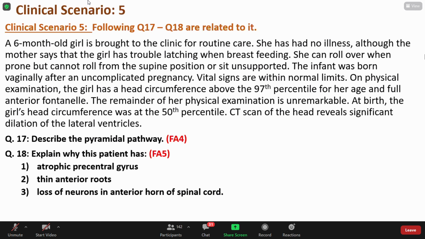They will form the cerebral peduncles there in the midbrain. Then the cerebral peduncles will pass through the midbrain, then reach the pons in the ventral portion.